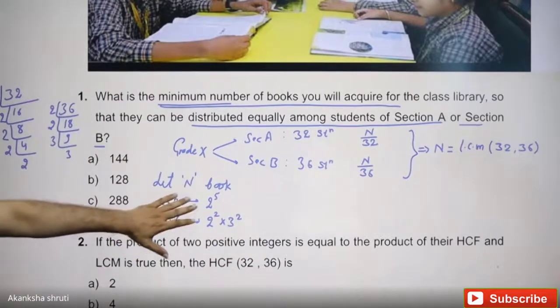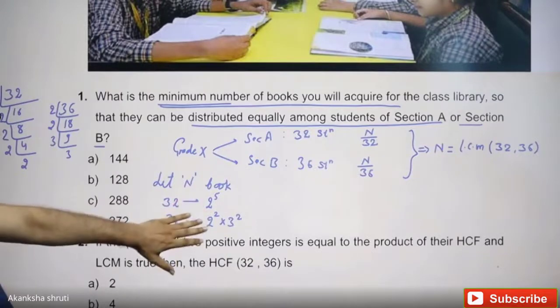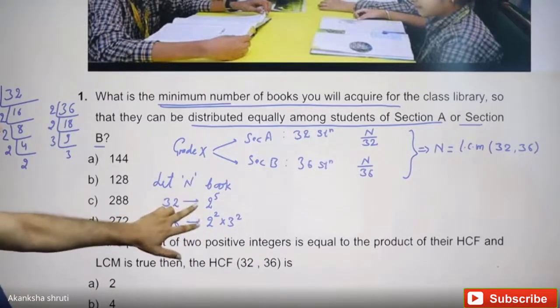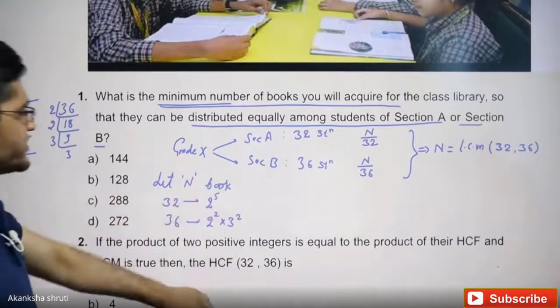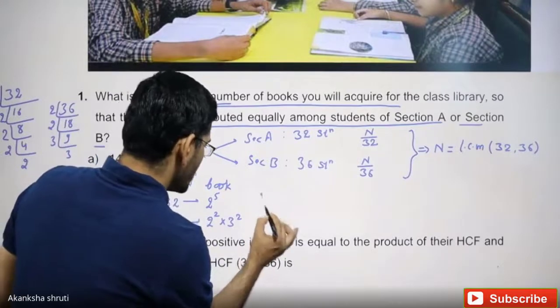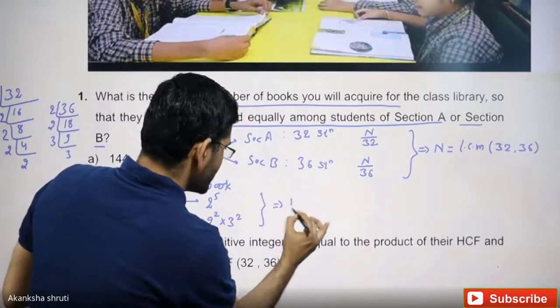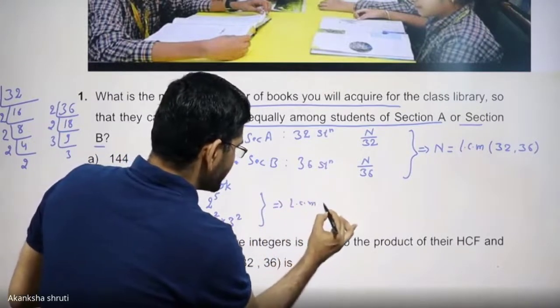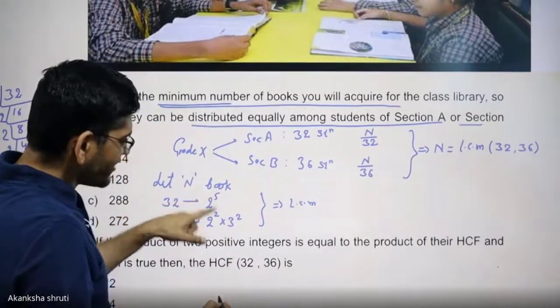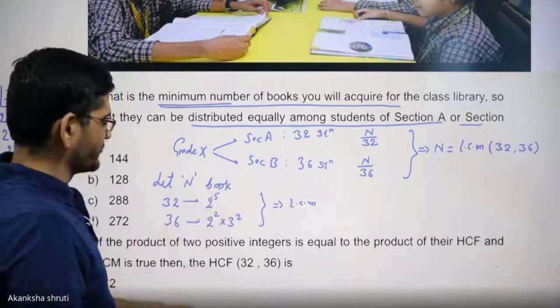Now, by the prime factorization method, or by applying the fundamental theorem of arithmetic, the LCM of these two is found by taking the common factor with highest power and the uncommon factor.